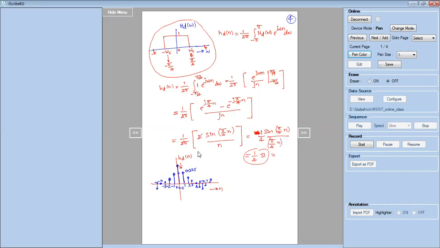It will be something like this. Now you are having HD of n like this. Now it is going up to where? For what values of n that HD of n will be existing? Infinity. It will be existing from minus infinity to infinity.